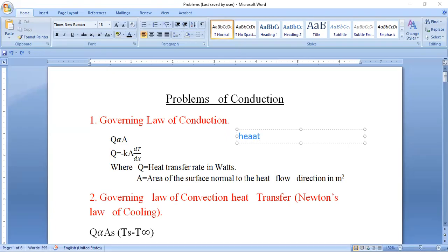Heat transfer rate Q depends on area. Q is proportional to A. Q equals minus KA into dT by dx.